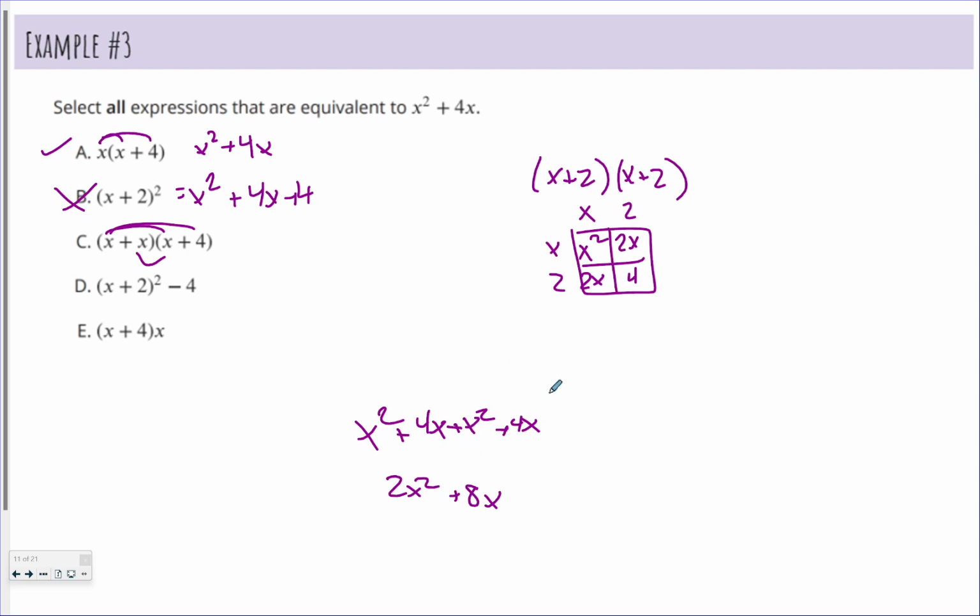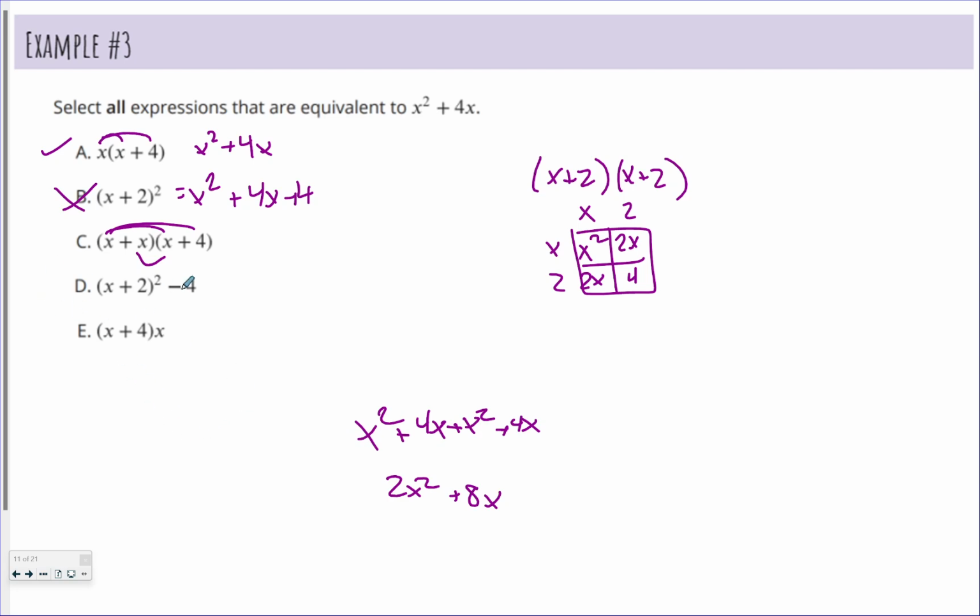Keep in mind when you add like terms together, it does not change the exponents. X plus x does not go to x squared. X squared plus x squared does not go to x to the 4th.